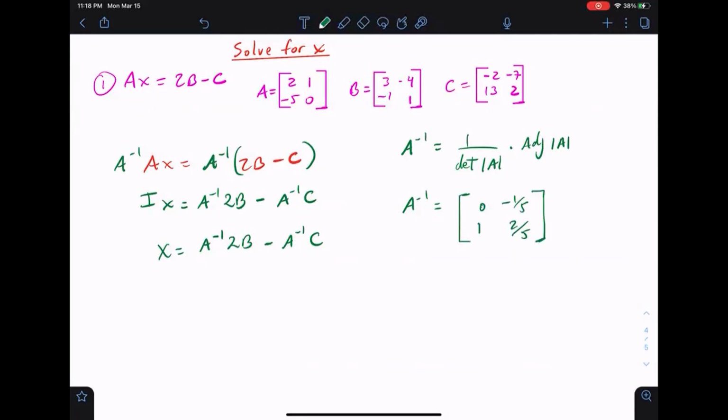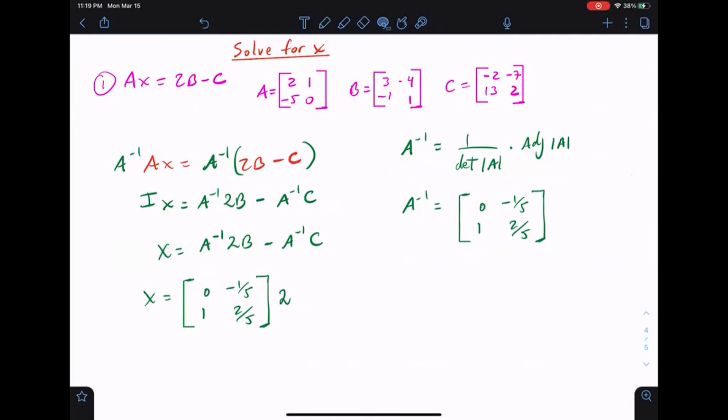Okay, so now we have A inverse. We computed it already. So this is 0, -1 over 5, 1, and 2/5. Now what's next? That's the question. The question is just now it's computing. So I already solved this, but just in case, X equals A inverse. A inverse is this guy right here, so we can copy, paste this, and times 2, and B. What's B?